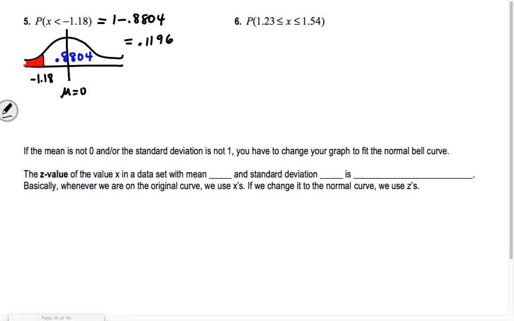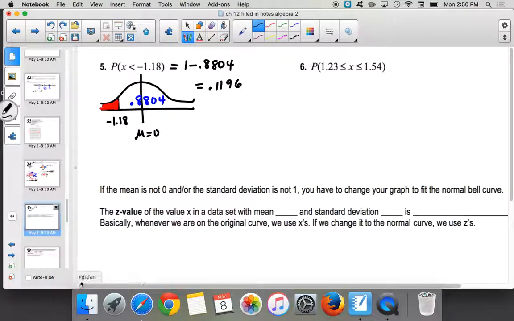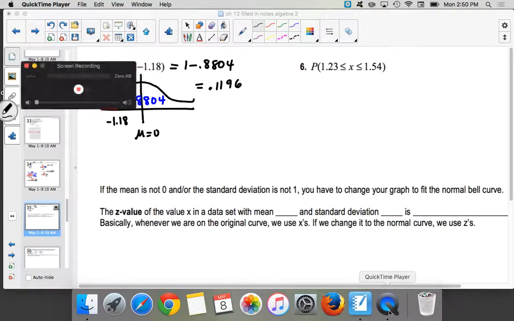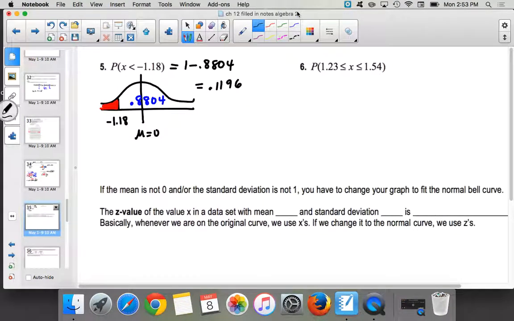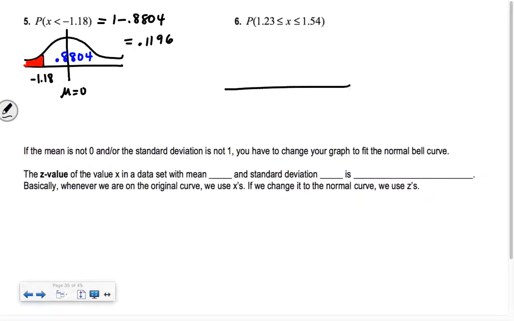Do you guys want to try it first? All right, so try it. So this first one, we're going to look up some different numbers on the chart. So these ones are actually both on the right-hand side, right? Did you guys have that sketch correct?